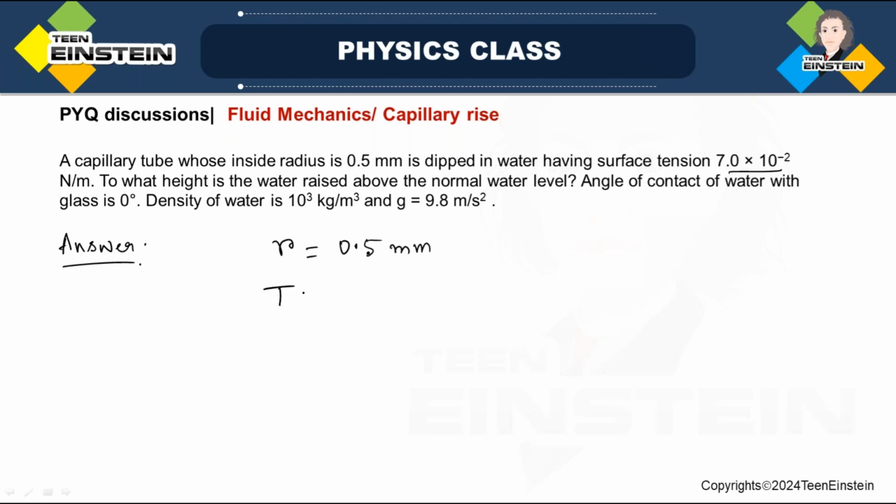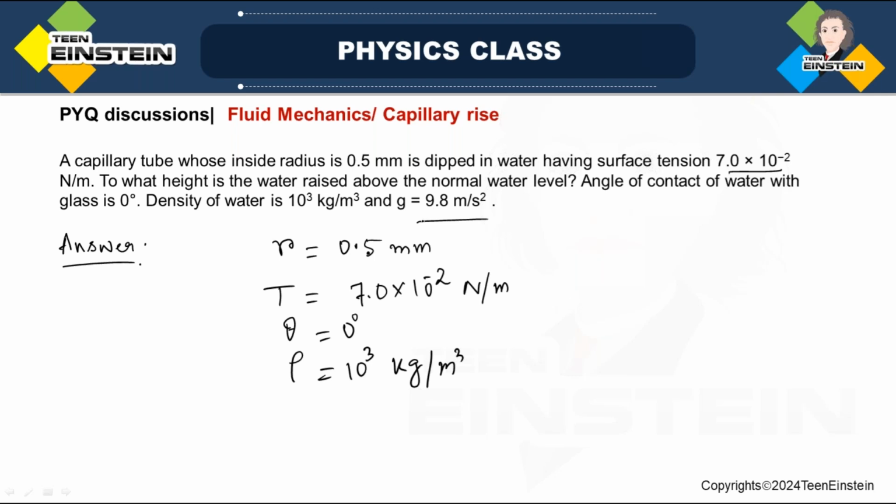Then surface tension T is 7.0 into 10⁻² Newton per meter. Then angle of contact theta is given, theta is 0 degree. Density rho is given as 10³ kg per meter cube. g has to be taken as 9.8 meter per second square.